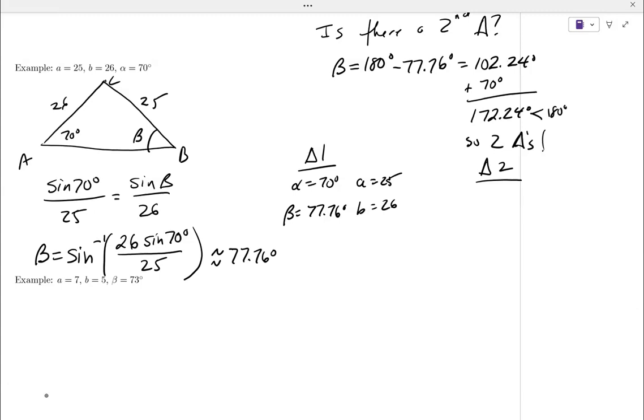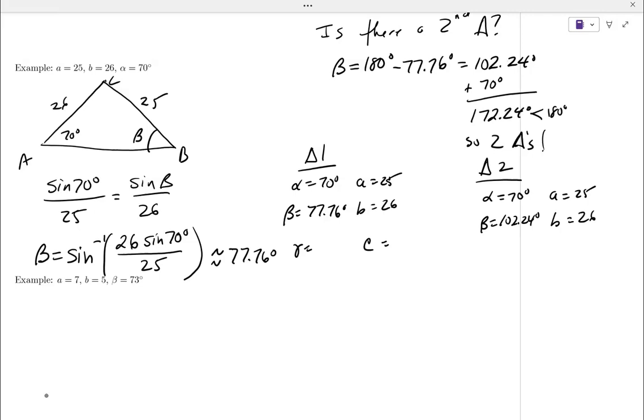And we still need our angle at C and our length of C. In our second triangle, we still have the same A, the same alpha, the same B, but our beta changes to 102.24. Does that make sense?